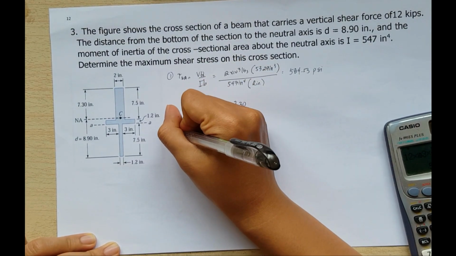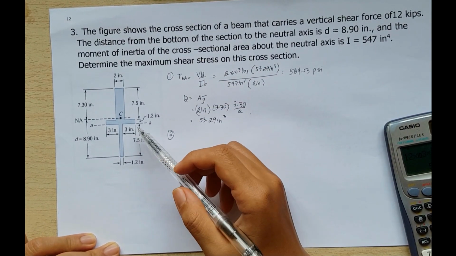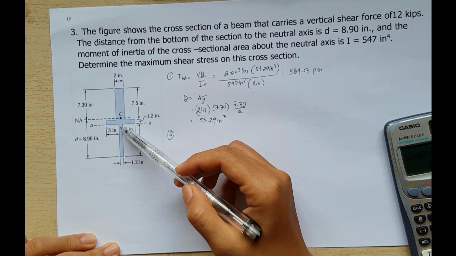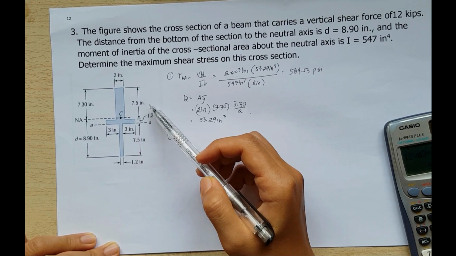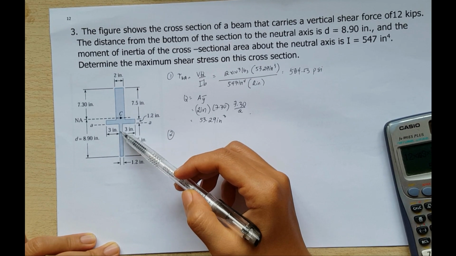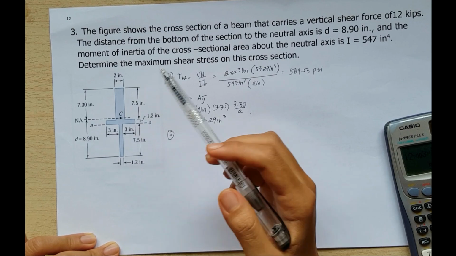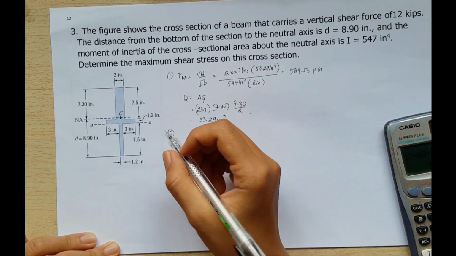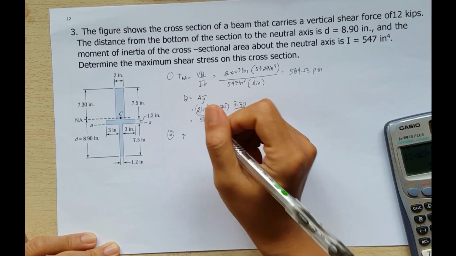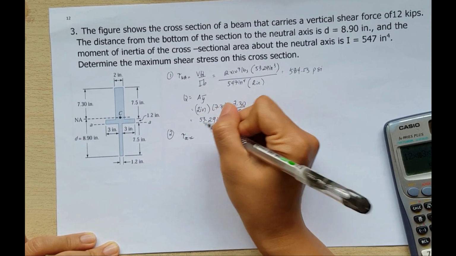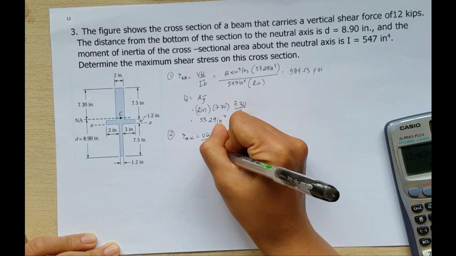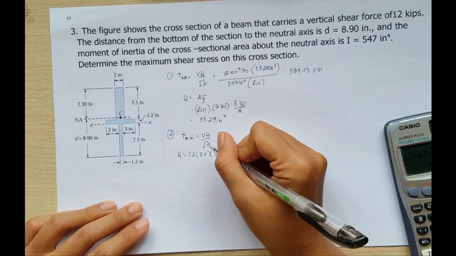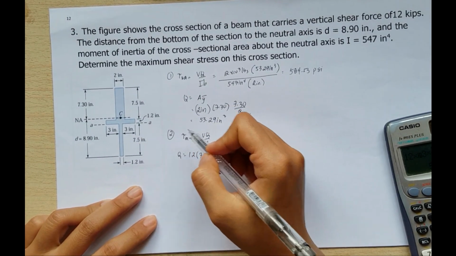For the second assumption, let us consider the section which is at the bottom of the neutral axis, where the width is smaller compared to 2 inches. So let us have our shear stress at AA. So we have VQ all over IB. So our Q is equal to 1.2 multiplied by 7.5 multiplied by the Y bar.